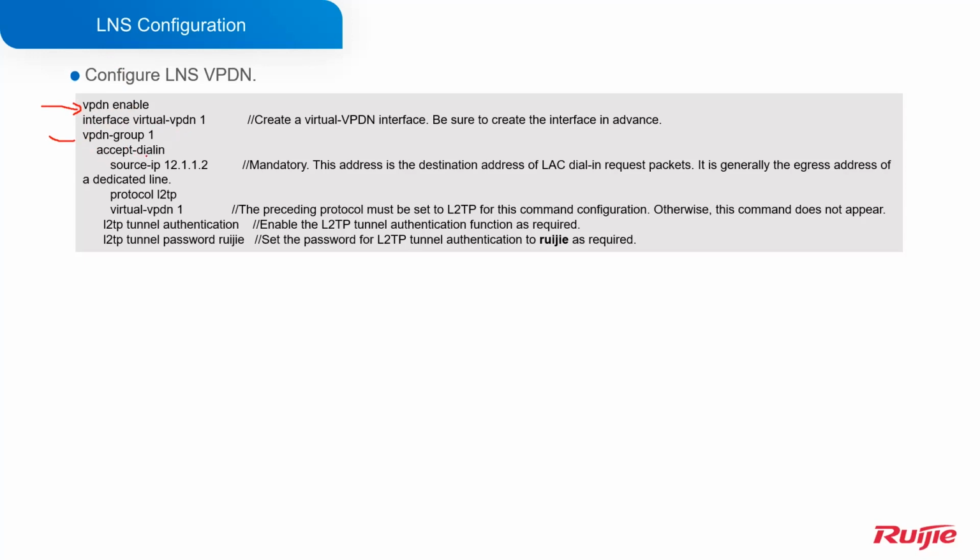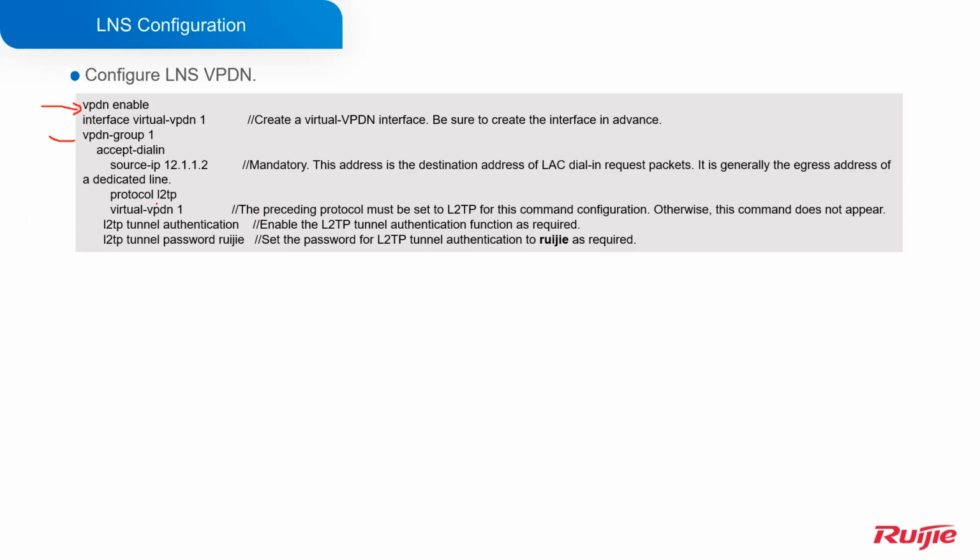And accept dial-in, and the source IP address is 12.1.1.2. This is the address of the LAC, okay? It is generally the egress address of the dedicated line. So this IP address must be configured manually.